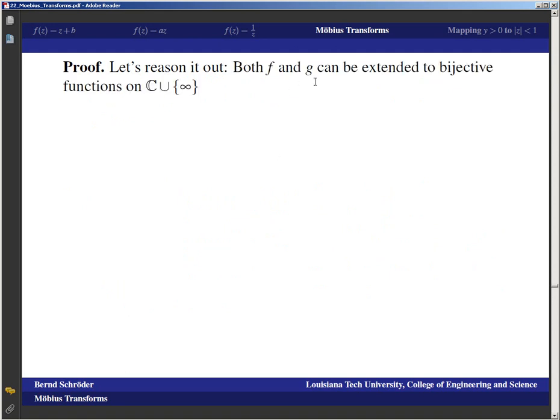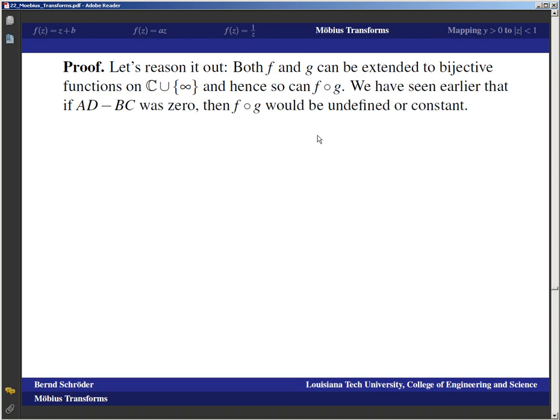Both f and g, because they're Moebius transforms, can be extended to bijective functions on C union infinity. But that means that the composition can do the same thing, right? Because if g is extended to a bijective function on C union infinity, and it's composed with f, which can also be extended, well, then I just appropriately extend g and f, and I get an extension of the composition. So that works out perfectly.